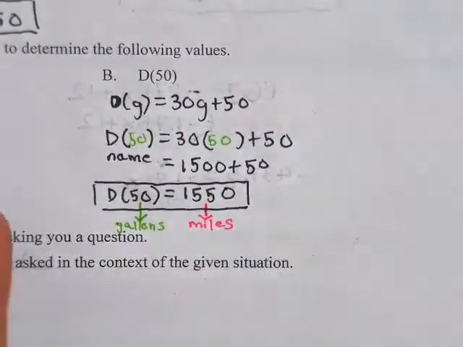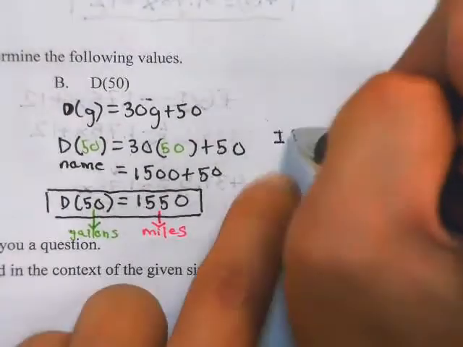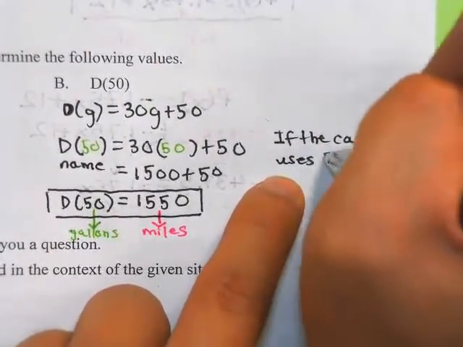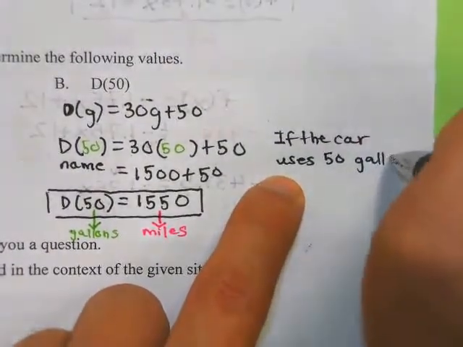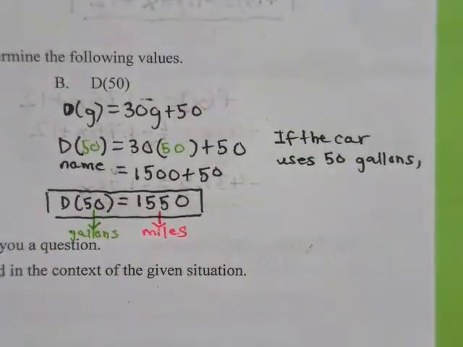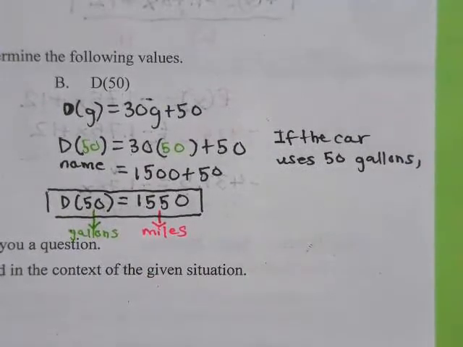Okay. So one sentence that we can write is, if the car uses 50 gallons, help me finish this up, you guys. If the car uses 50 gallons, then what? Yes. Then, sorry, what's that? Then, yeah.